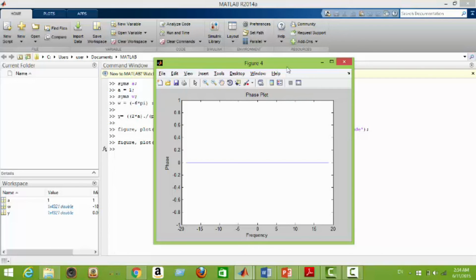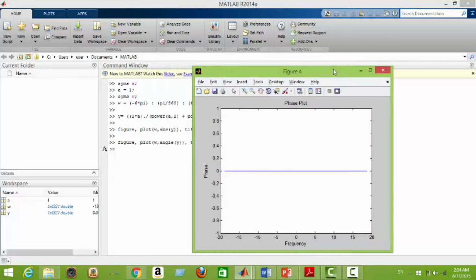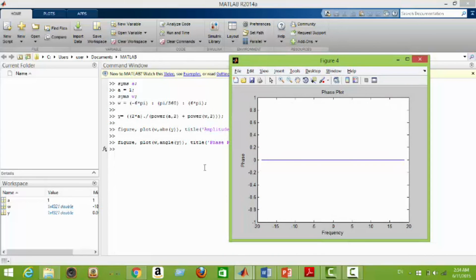So this is the phase spectrum graph for the function, which is a 0 graph, and the title for the graph is phase plot. The label for the y-axis is phase, and the x-axis is frequency.